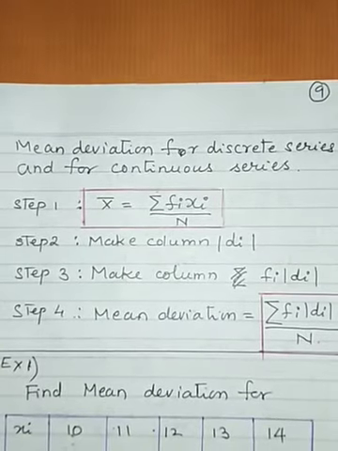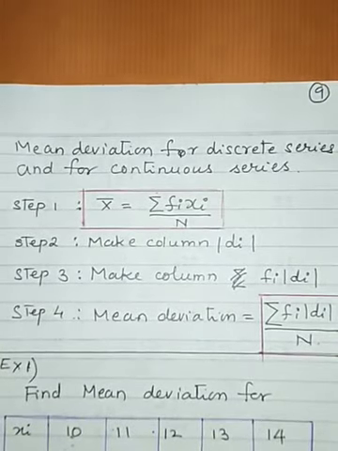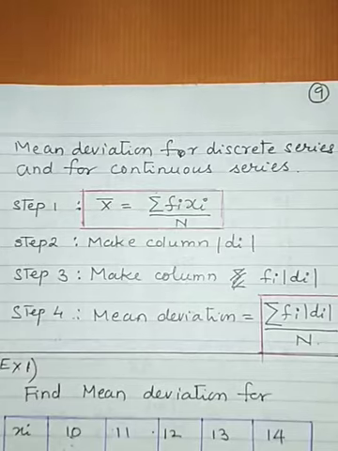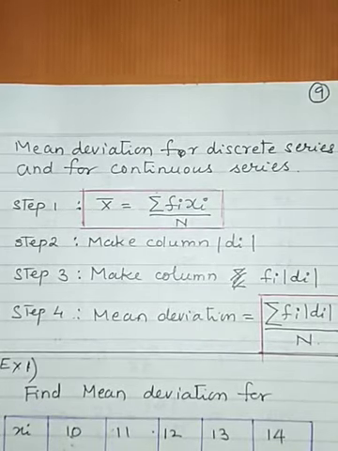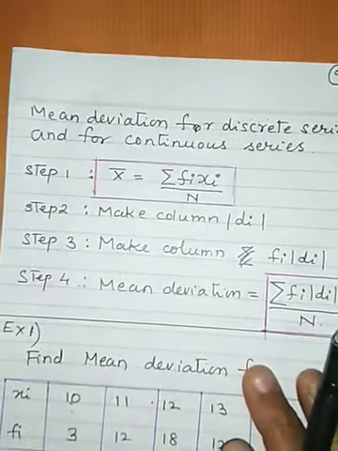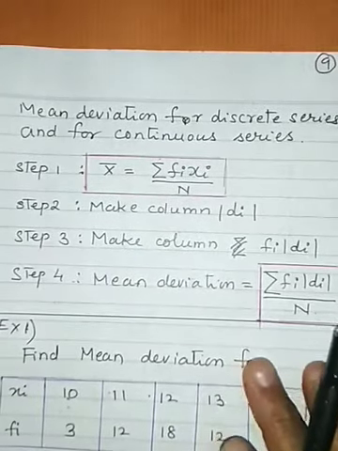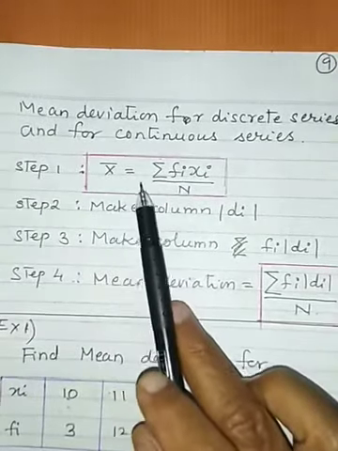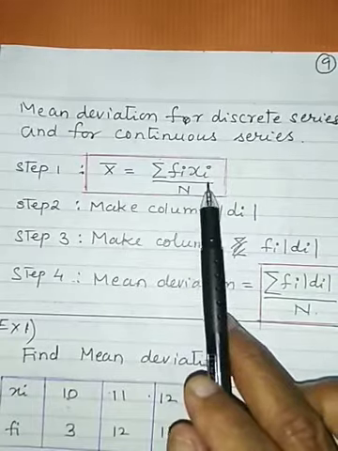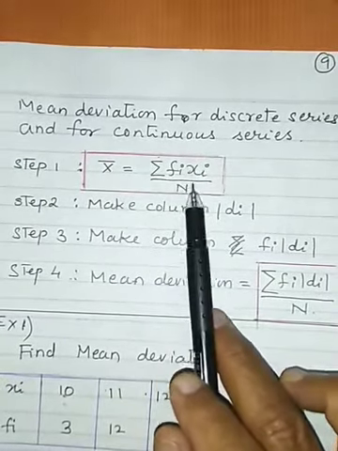And you also have a frequency column in both cases. So, I have simplified this by writing steps here. Step number 1: first you find out the average. X bar is summation fi xi upon n.